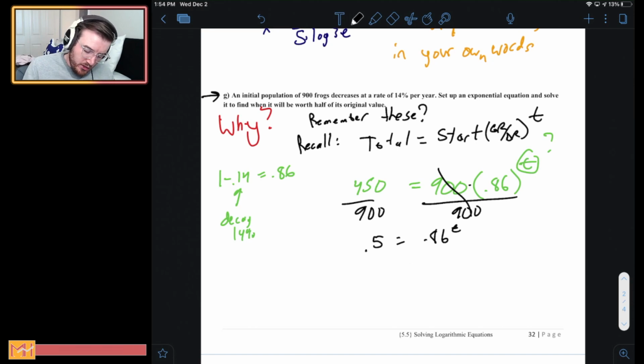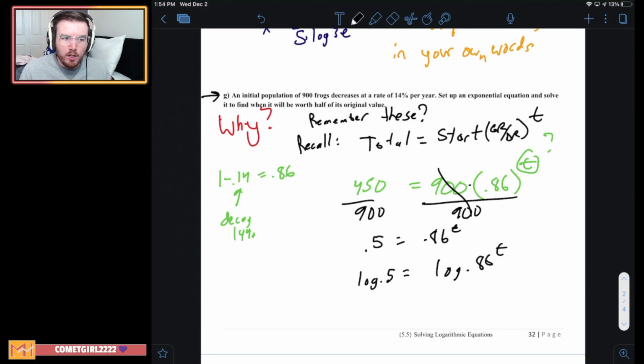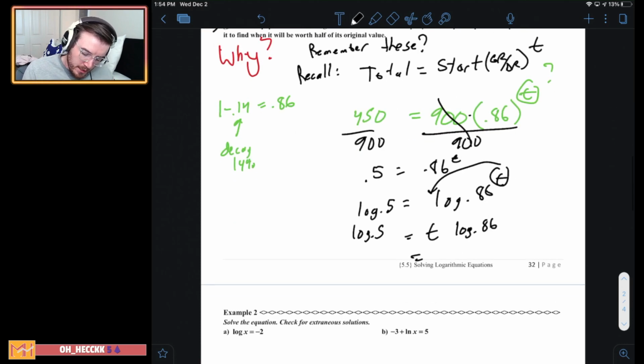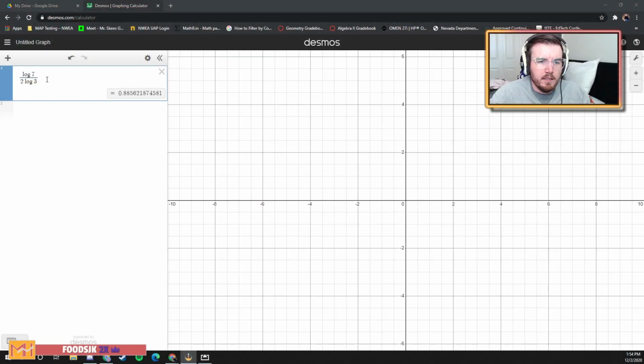Take the log of each side. I say again, why are we doing this? What is the point of taking the log? What's the advantage? Because that's the only way that the t gets brought down. And therefore, t is log of 0.5 divided by log of 0.86. I'll plug that into a calculator for us.